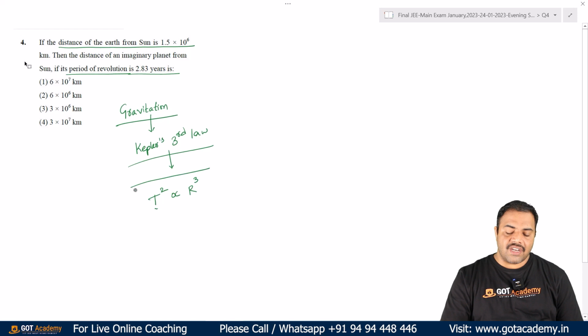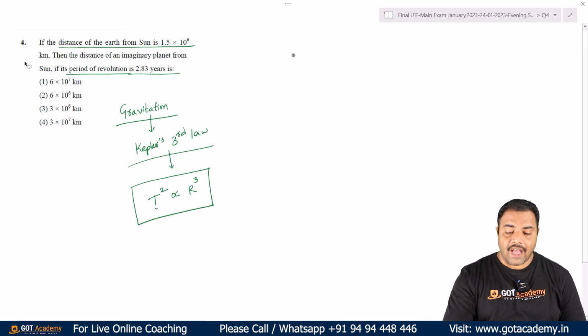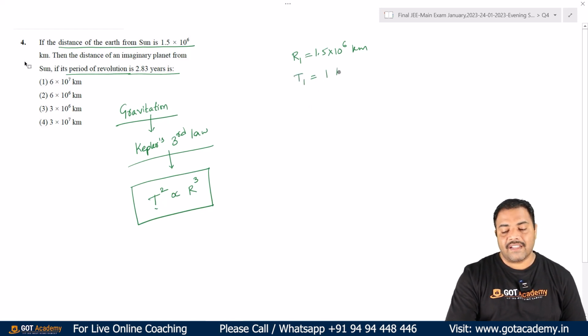So this relation is useful to solve this numerical part. Initially R1 is given as 1.5 into 10 to the power of 6 kilometers.